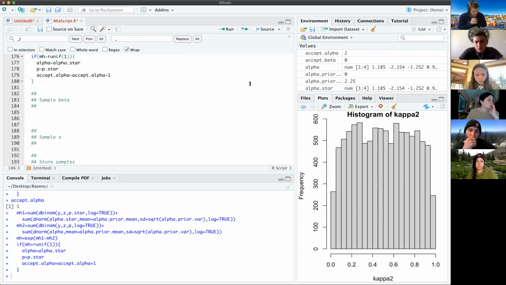All right, how about beta? Start with beta star. Yep.